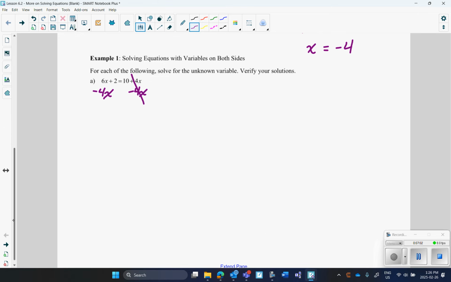What does the equation look like when I subtract both sides by 4x? 2x plus 2 equals 7. Now you should be able to finish. I'll give you a couple seconds to finish it up.